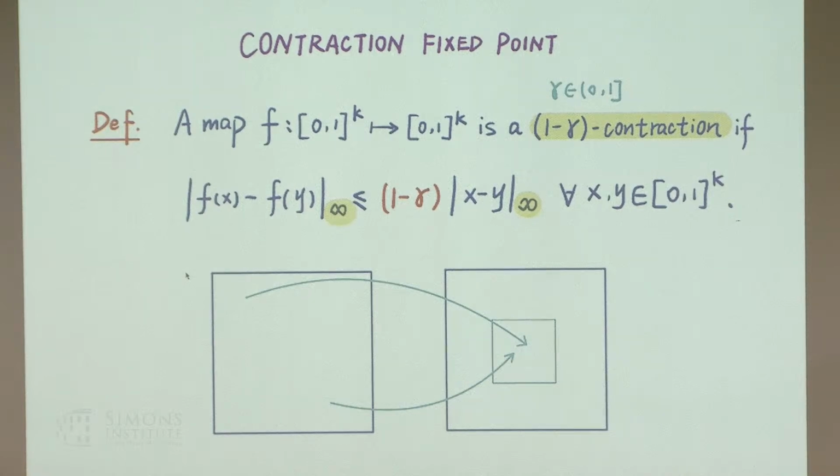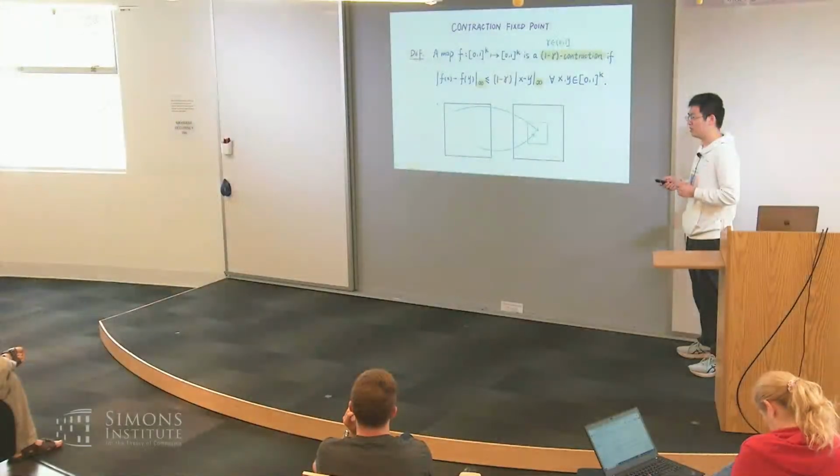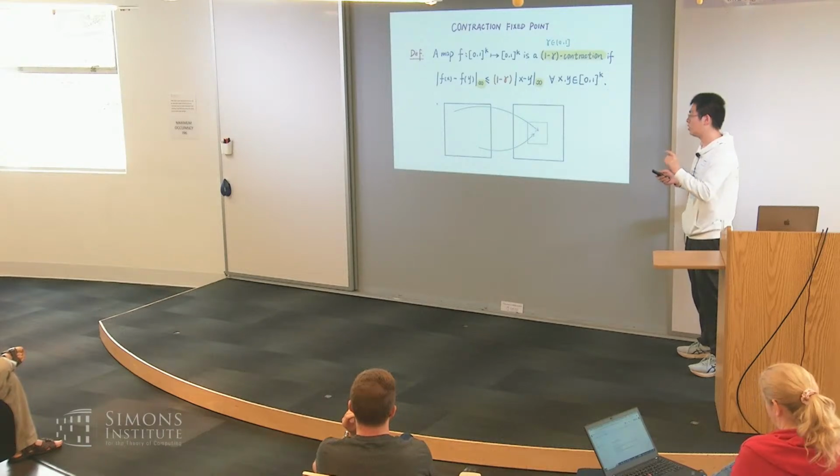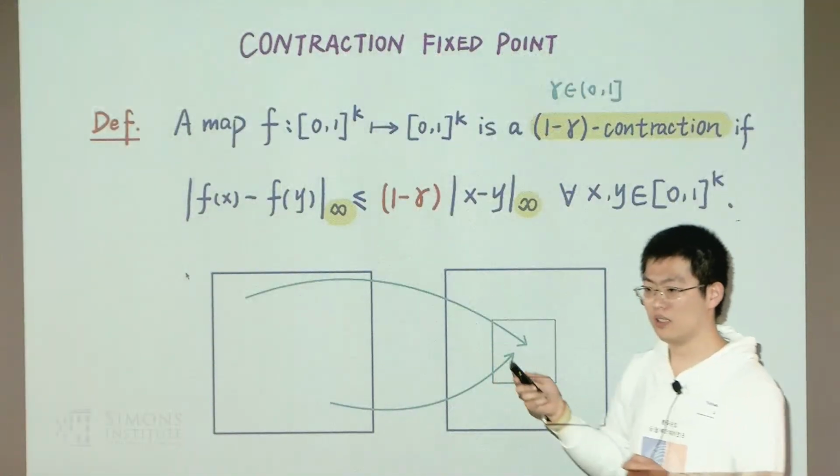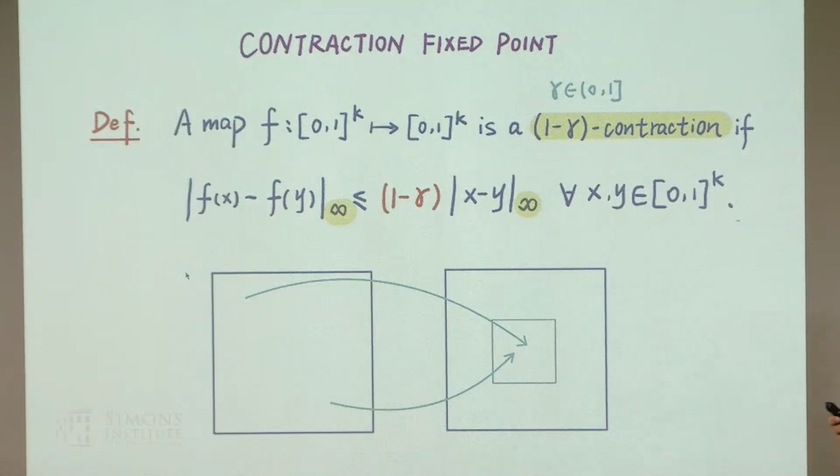This is a continuous cube, the interval 0 to 1. So it's just the infinity norm.